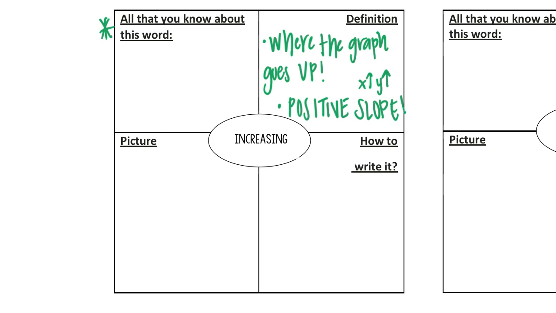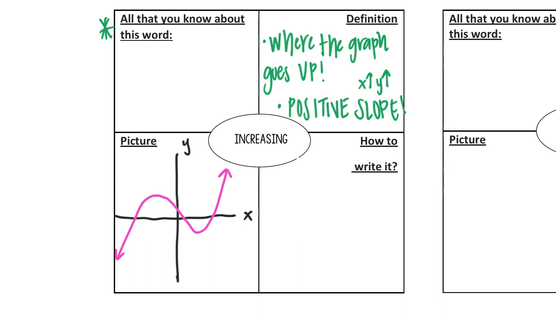Visually, this is what it will look like. In this bottom left portion, where you draw a picture, I want you to have your x and y plane, and let's put a graph on there. Let's have it look something like this. The graph is increasing, where if you imagine you're riding on a roller coaster, it's the part where you're clicking up to the top.